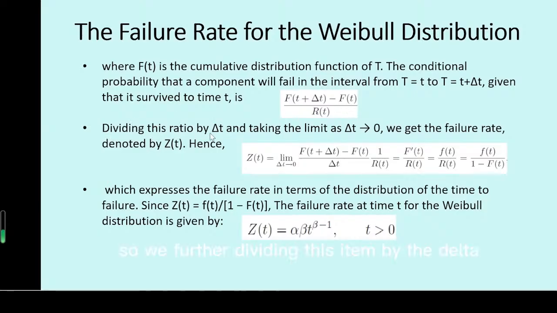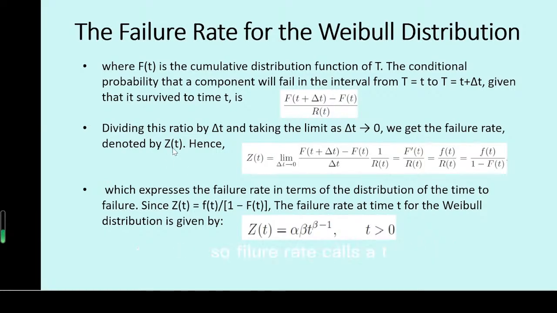We further divide this by delta t, because delta t is not specified, so we get the unit ratio. Then take the limit as delta t goes to 0, and we get the failure rate.